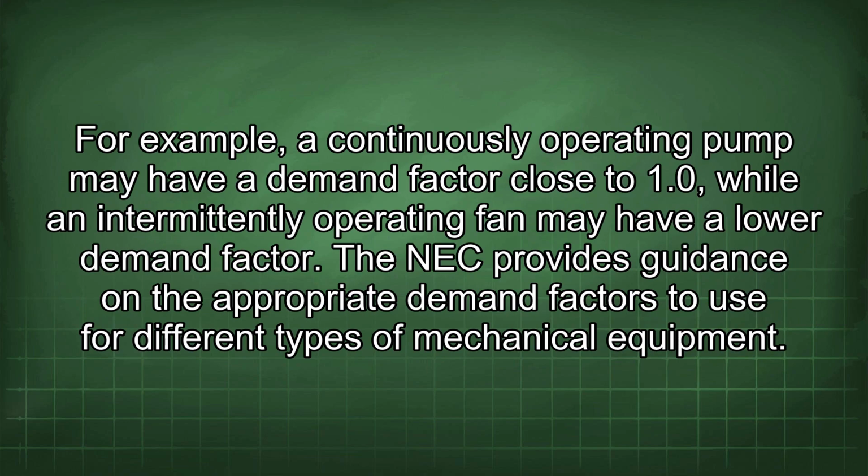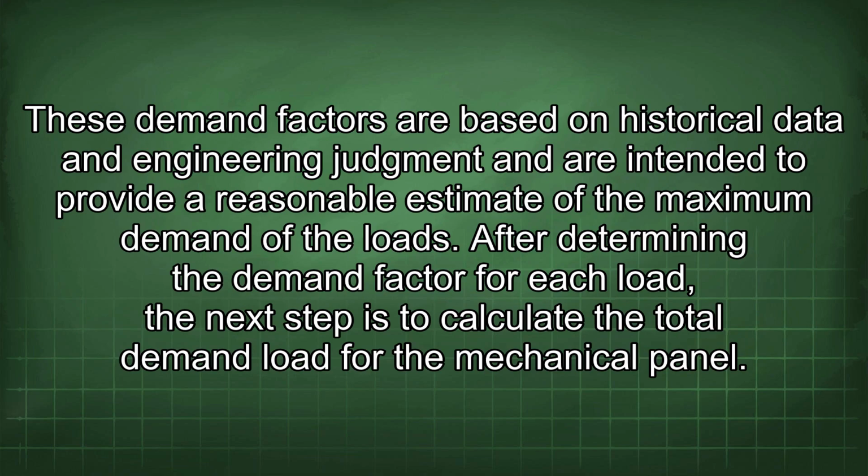For example, a continuously operating pump may have a demand factor close to 1.0, while an intermittently operating fan may have a lower demand factor. The NEC provides guidance on the appropriate demand factors to use for different types of mechanical equipment. These demand factors are based on historical data and engineering judgment and are intended to provide a reasonable estimate of the maximum demand of the loads.